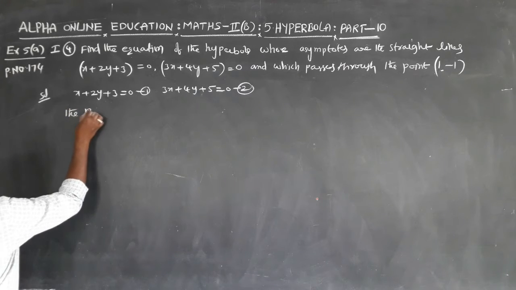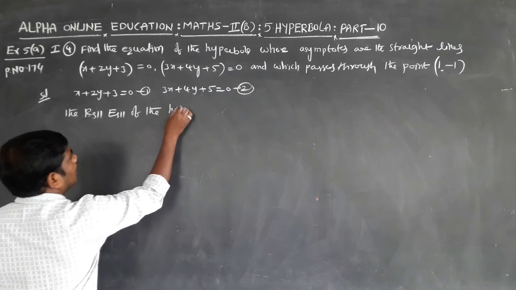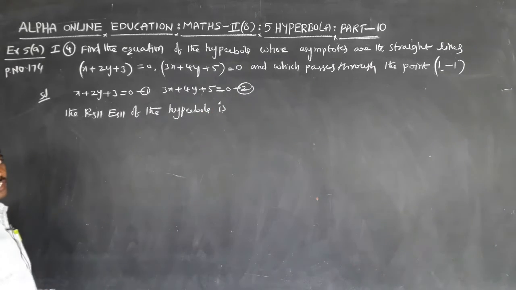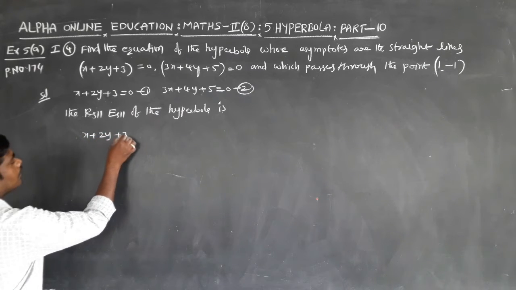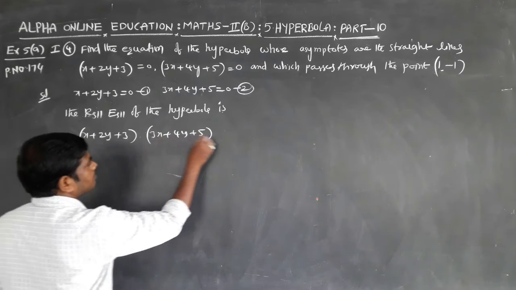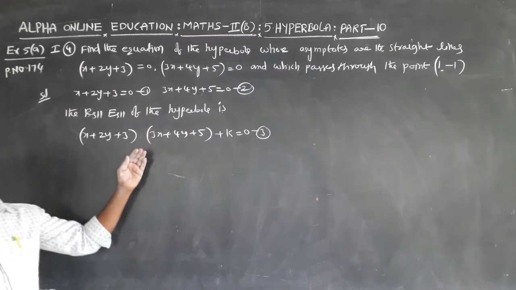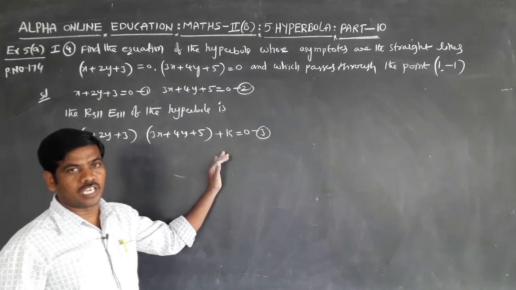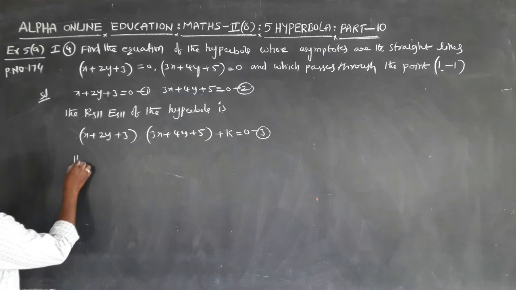The required equation of the hyperbola is the combined equation of the asymptotes plus some constant: (x + 2y + 3)(3x + 4y + 5) + k = 0. Now find the value of k.